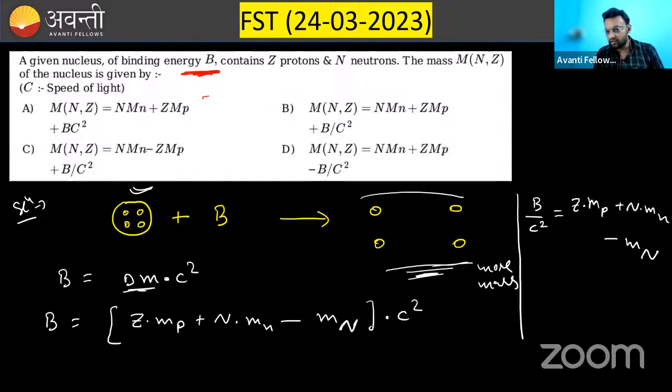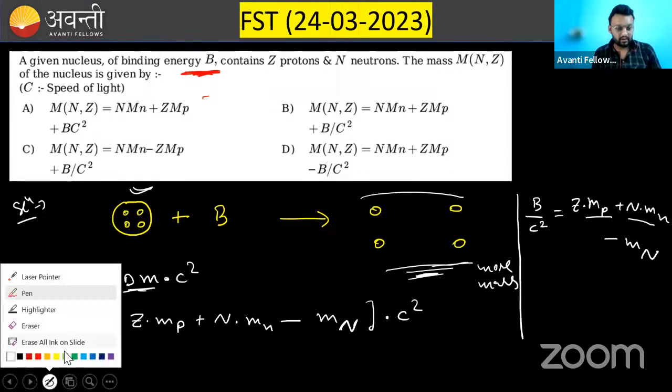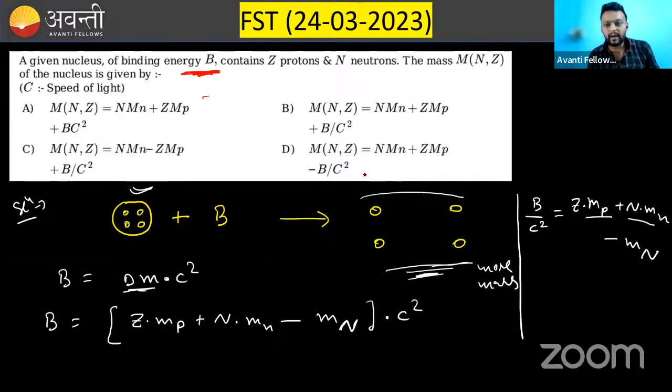Then mass of nucleus will be ZMP plus N mass of neutron minus B by C square. Check the term minus B by C square in your options. Can you find anyone with minus B by C square? Yes, this is the term. D option is the correct answer.